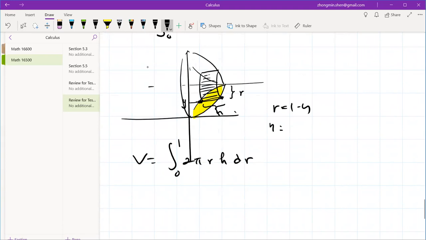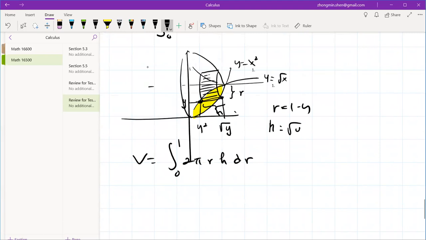You have to solve for x using each of the equations. Here, this is y equals x squared, and this is y equals square root of x. So for the given y, what is the x value? This one is going to be the square root of y, and this will be y squared.